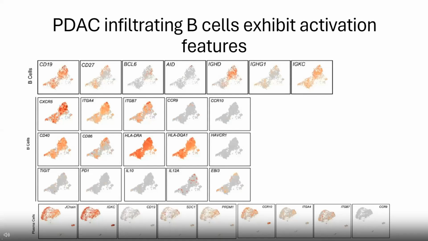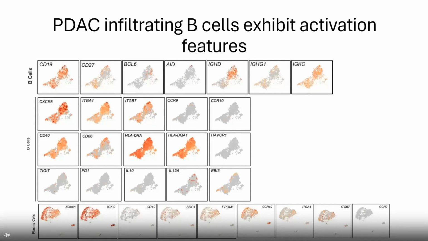And when we look at the cell trafficking markers, interestingly, we found both B cells and plasma cells expressing the mucosal homing factor integrin alpha 4 beta 7, as you can see here. In addition, the plasma cells also express CCR10, which is also a marker for mucosal homing, but not as intense as the homing marker CCR9.